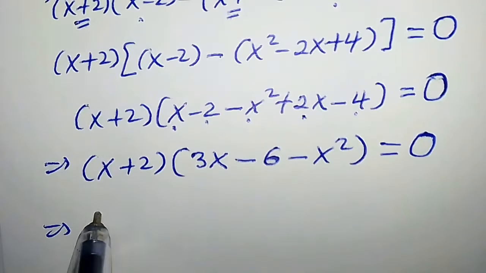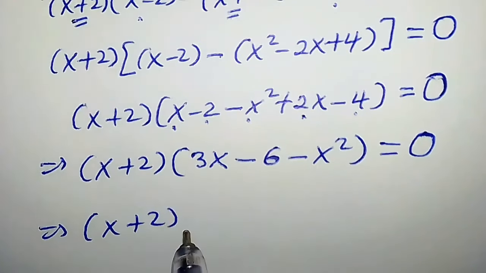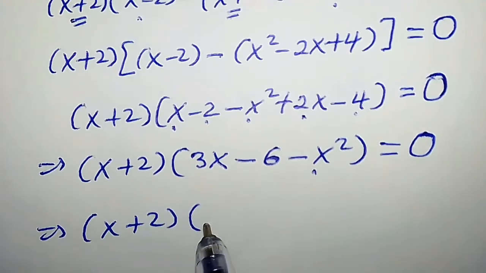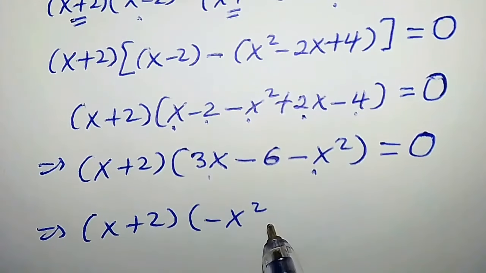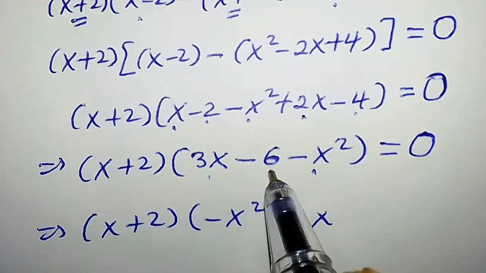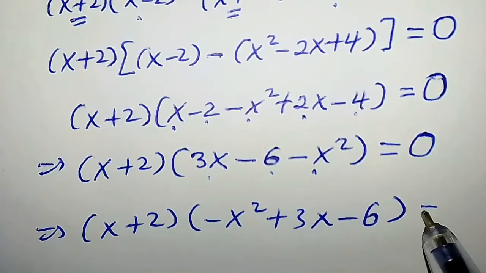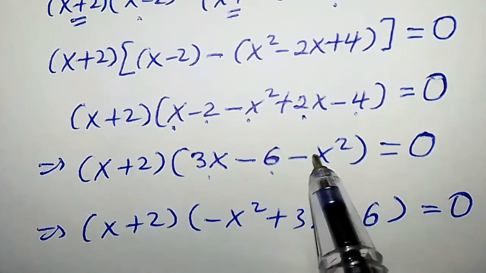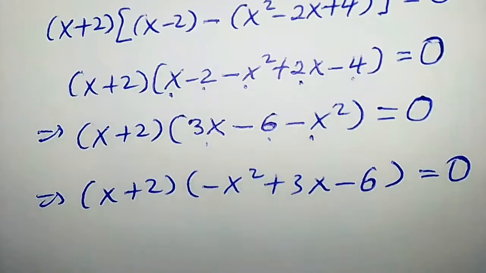Let's proceed further. This means that x plus 2 times minus x squared plus 3x minus 6 is equal to 0. By just rearranging this, we have this. Let's continue.